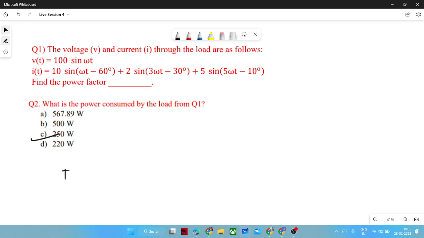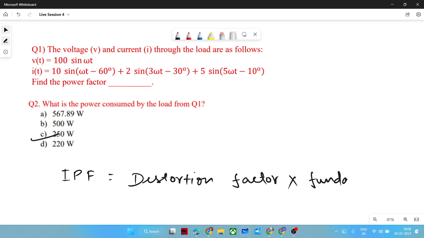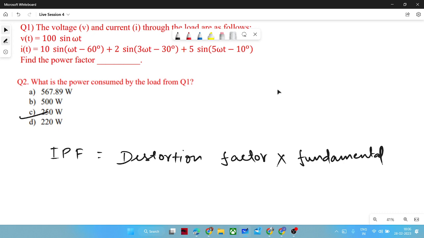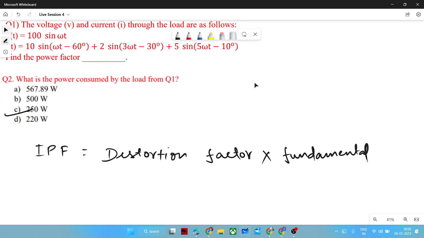So input power factor is generally, if you have read earlier about fundamental power factor, displacement factor, or distortion factor, so I am going to write distortion factor into fundamental power factor.